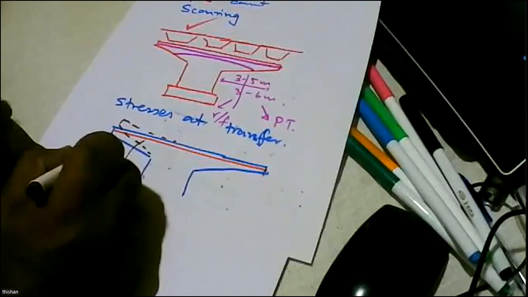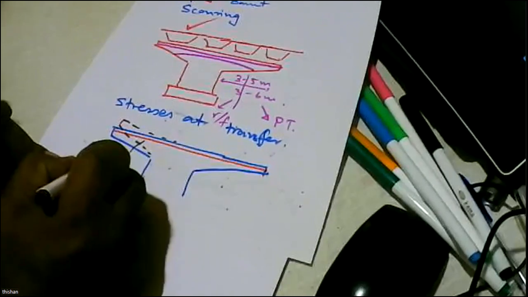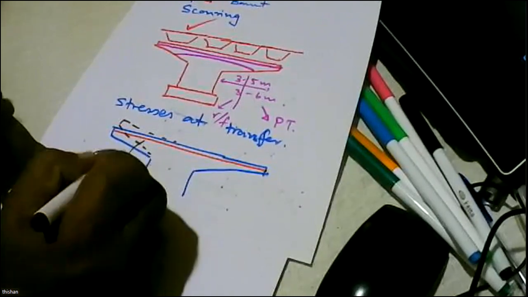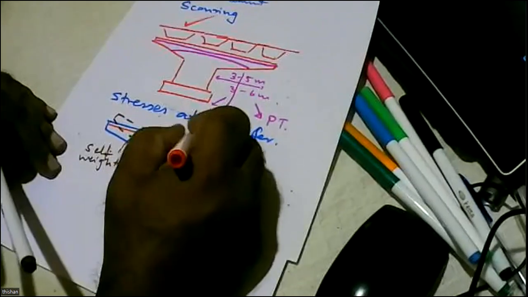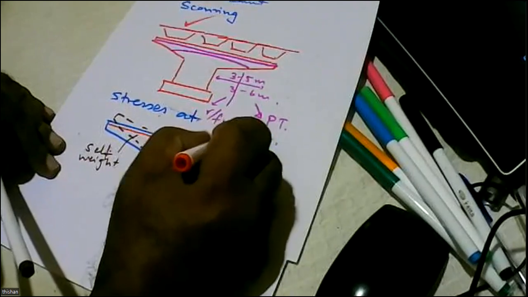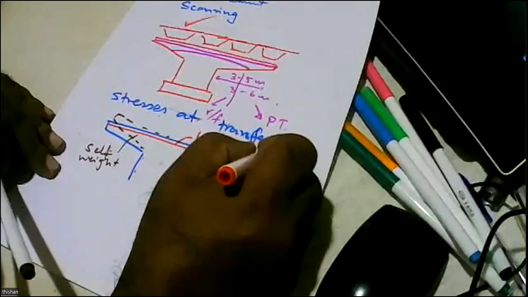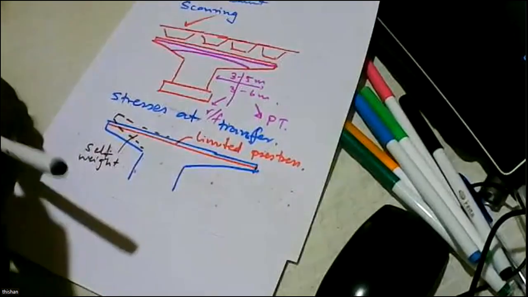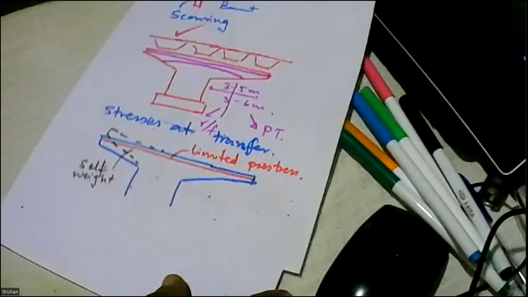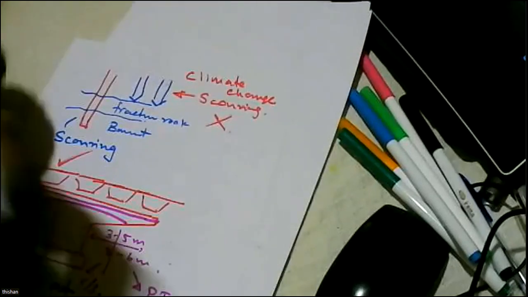Only the self weight of this. So which means your ability to apply pre-stress is limited. You can apply only limited pre-stress. You can't apply the desirable pre-stress. So that is one of the problems you are going to face.